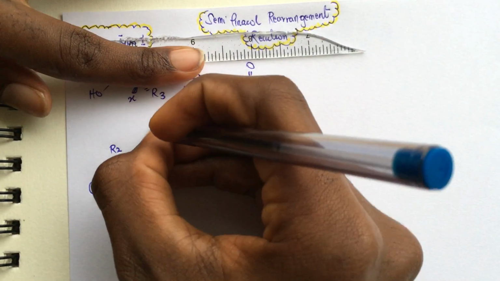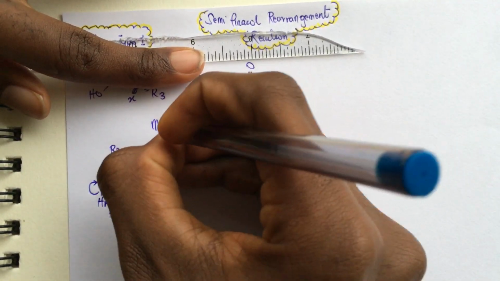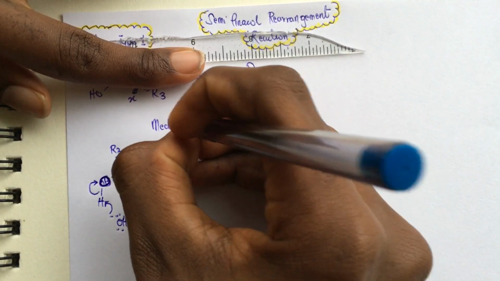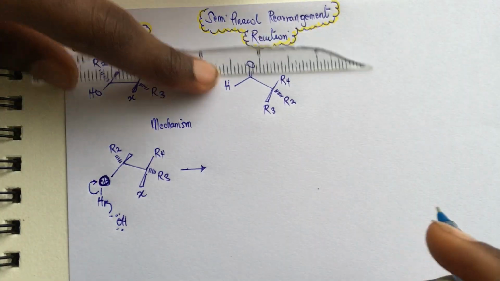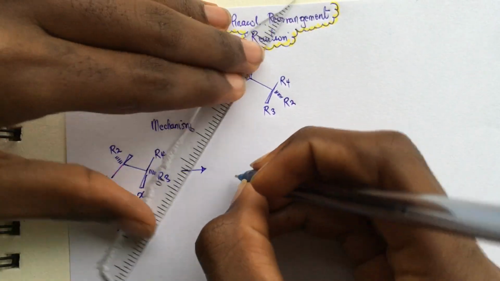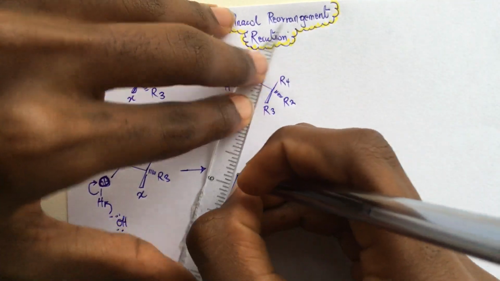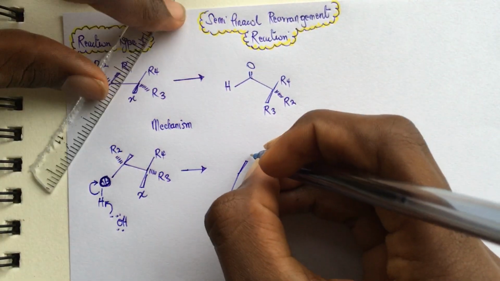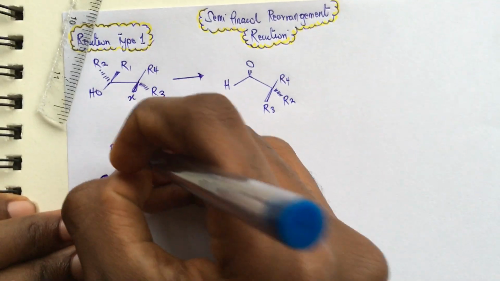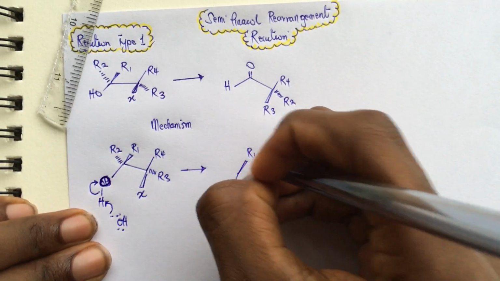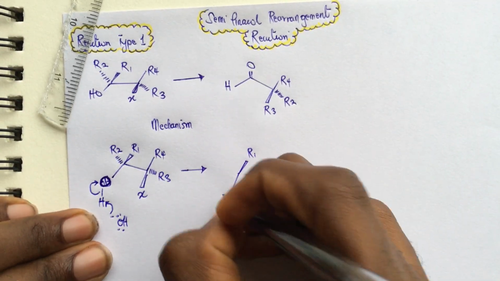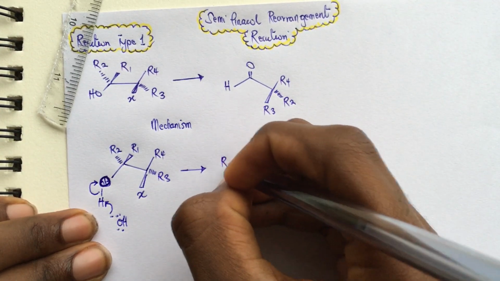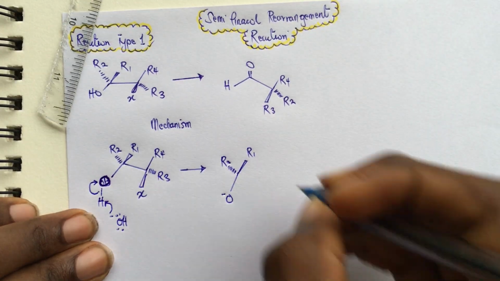Let me put the mechanism here. So from there I'm going to form an alkoxide. There's an R1 here, then I'm going to have O minus, and I'm going to have my R2.